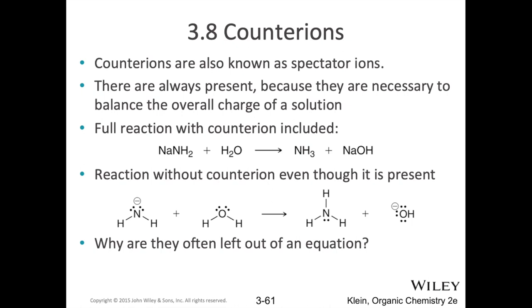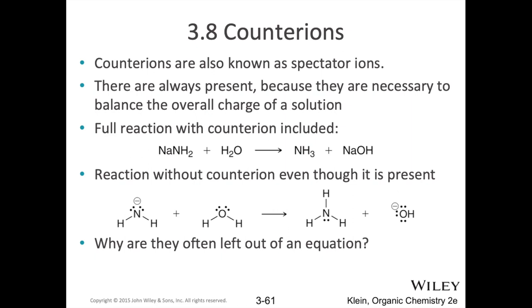They were the ions of your soluble salt in your precipitation reaction, basically the salt that wasn't your precipitate, right? But the key thing here is that they're present. They're necessary to balance out charge, but they're not actually changing in the reaction.